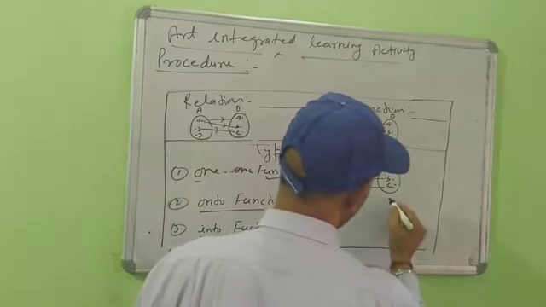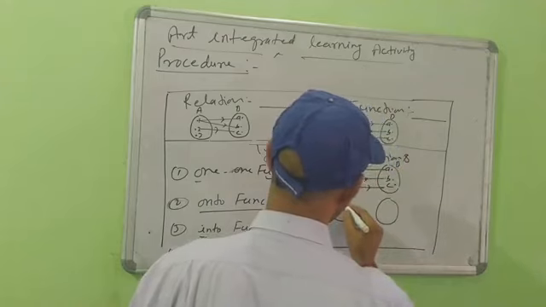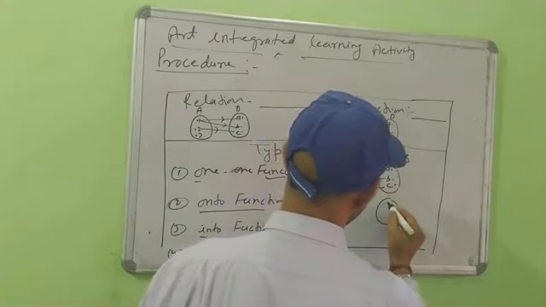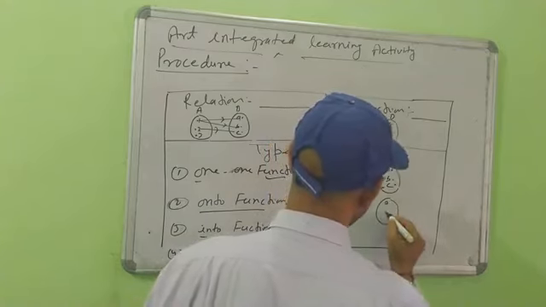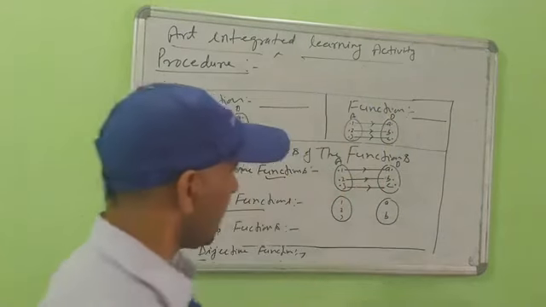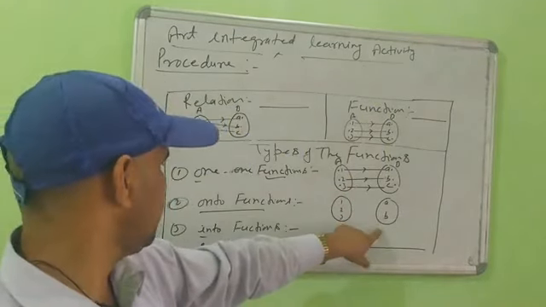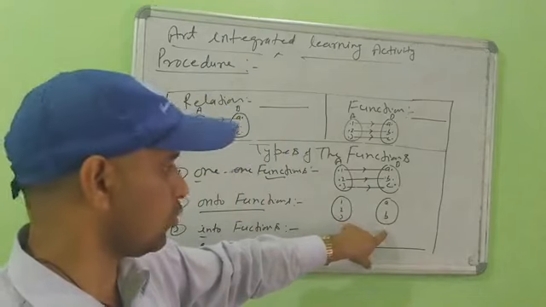Same thing here, onto function. Then you will give the example. Suppose you write 1, 2, 3, and here A, B. Every element of the codomain, suppose here also 1, 2, 3, this relation you make also.